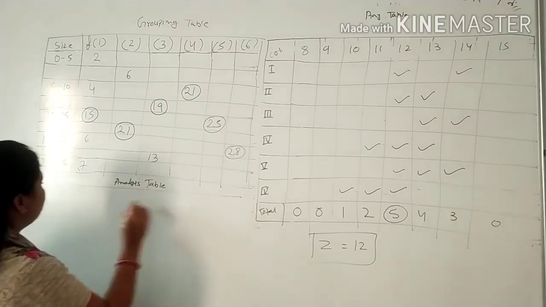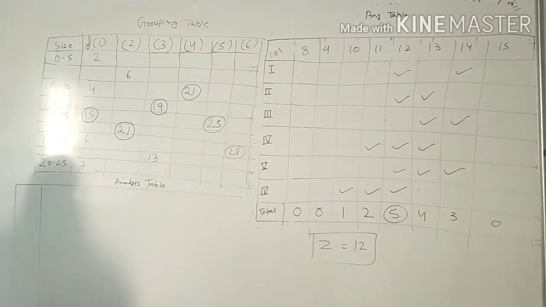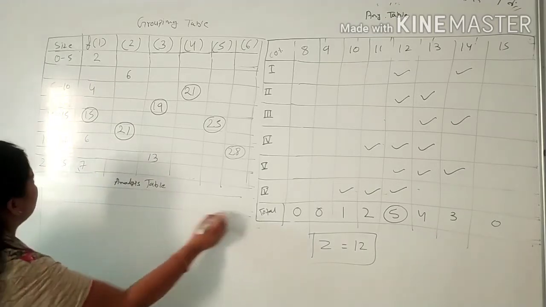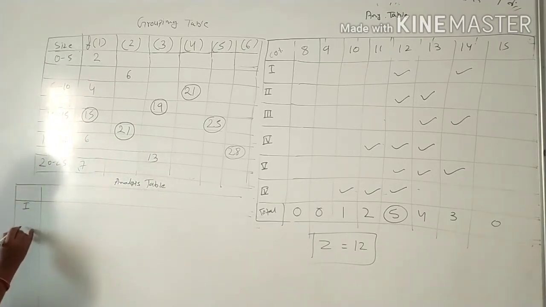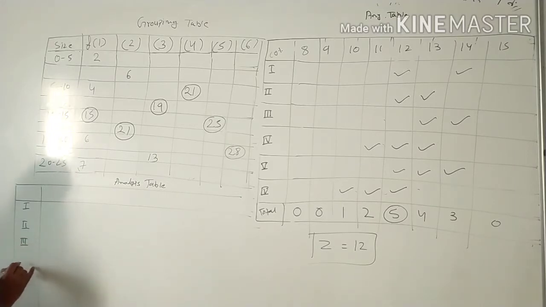For that purpose, we know what happened. We just write down the numbers of column here. So this is one, first, second, third, fourth, fifth, and sixth.